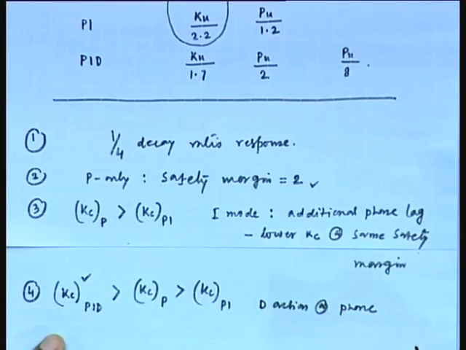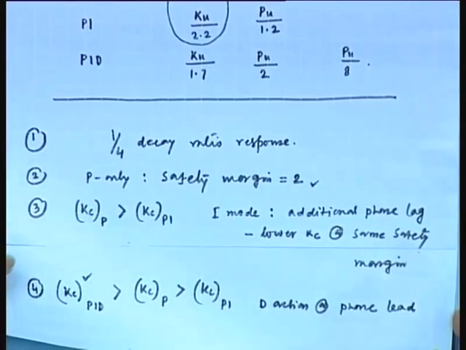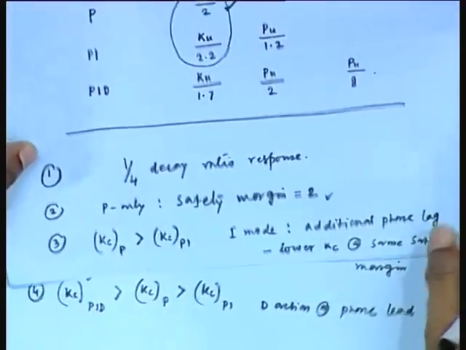You write phase lead, derivative action introduces phase lead with stabilizing effects on the system. Fine. So, these are the steps related to the Ziegler Nichols technique.